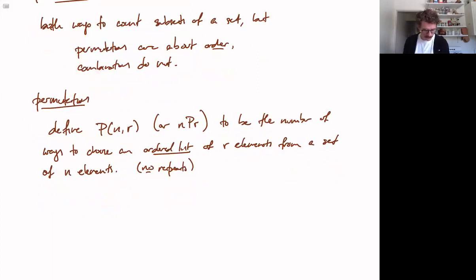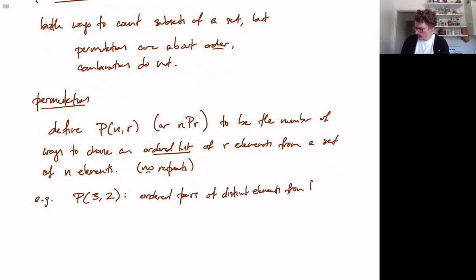So for example, what is P(3, 2)? Ordered pairs with no repeats again, so maybe distinct from what you normally think of as ordered pairs. Let me just say that actually, of distinct elements from some set with 3 elements, let's just say 1, 2, 3.